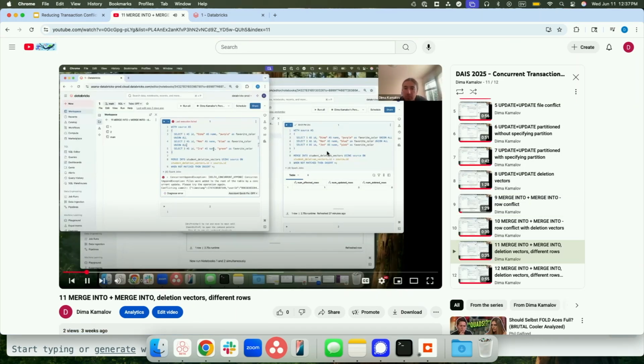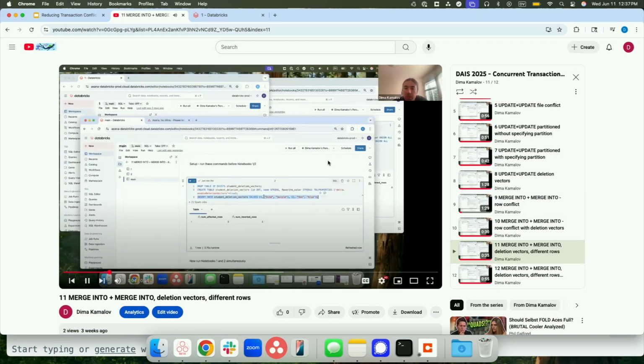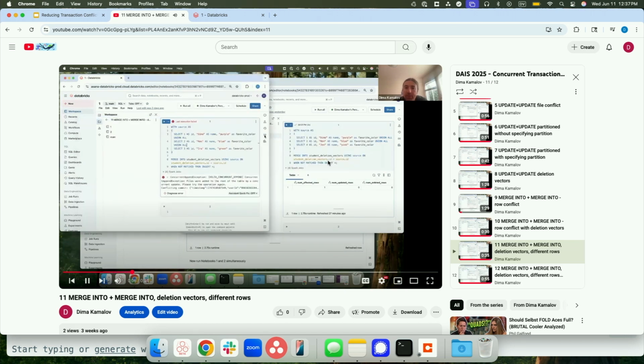In this 11th example, we again have deletion vectors enabled, and we're going to try to have 2 simultaneous merge intos. Before, we were still trying to insert the same row from two transactions. A deletion vector is going to allow us to do it when it's 2 different rows.